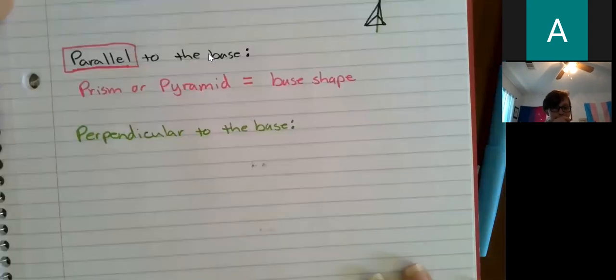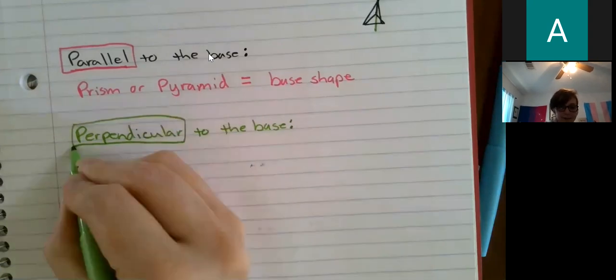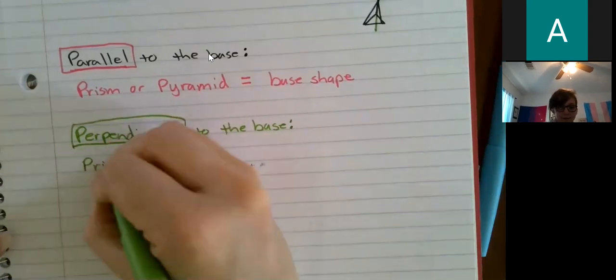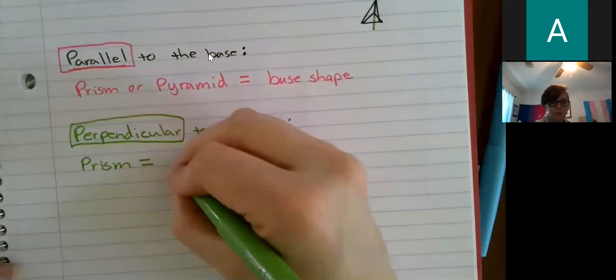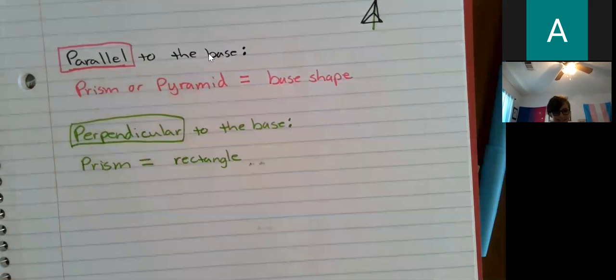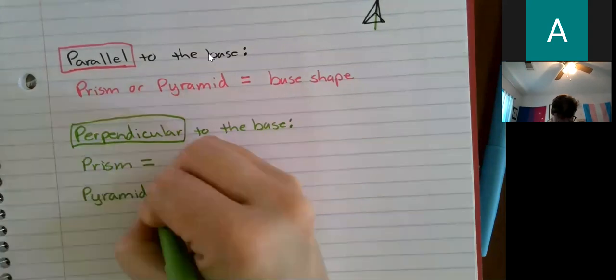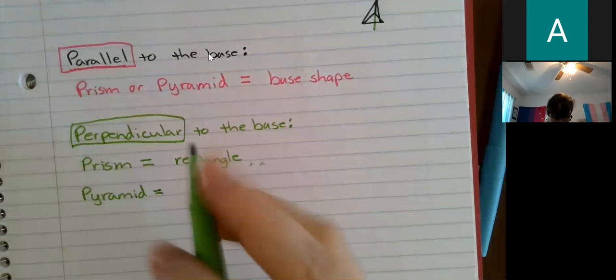That's what perpendicular means. So when it's perpendicular, if your shape is a prism, meaning you have two bases, then you're going to have a rectangle. Always. If it's a pyramid, meaning you only had one base and you did a perpendicular cut, it's going to be a triangle.